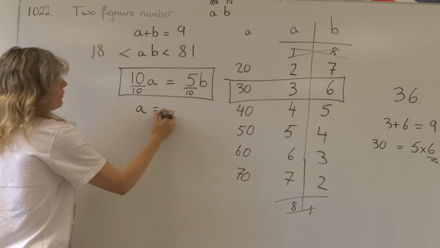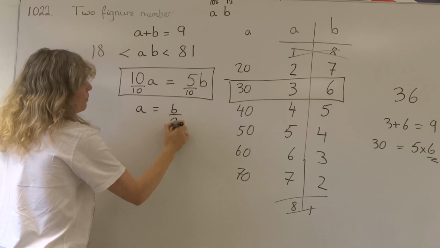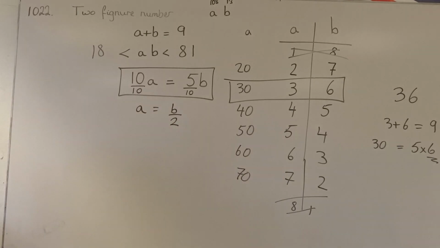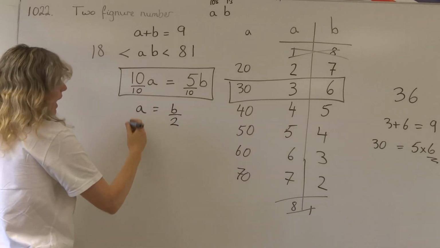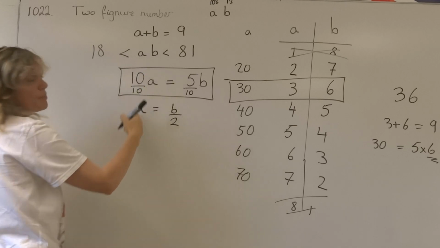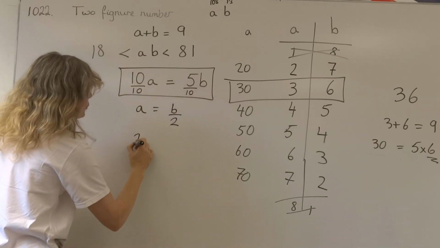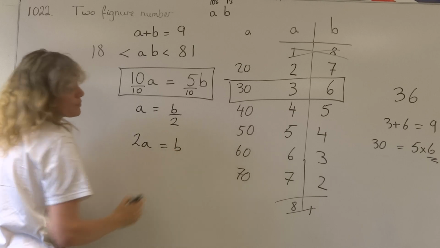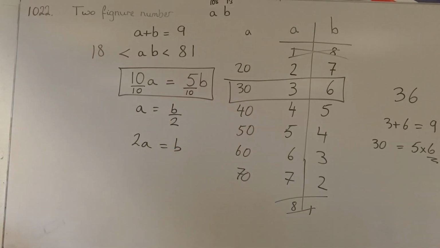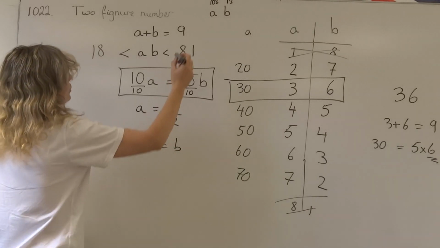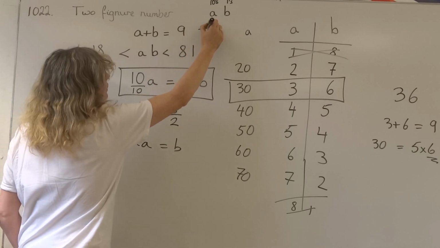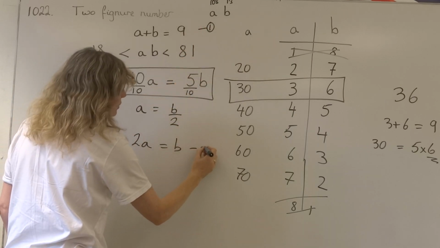A by itself must equal B divided by 2. Or we could also have divided both sides by 5 and got that 2 lots of A equals B. And it doesn't matter which one you do here. So these are your starting equations. This is your equation 1. And this is your equation 2.